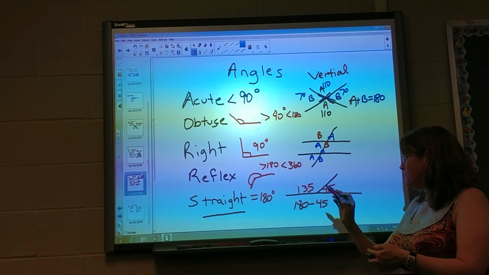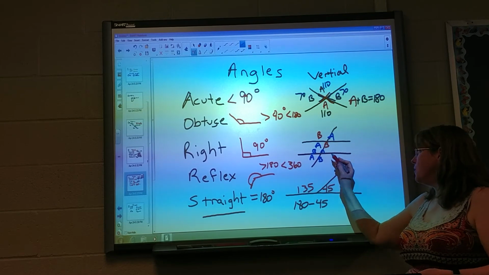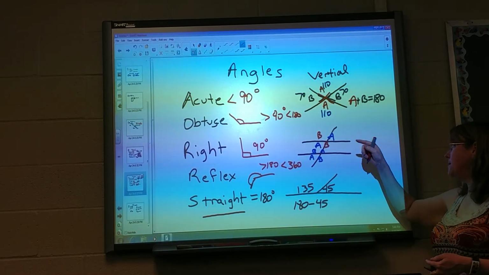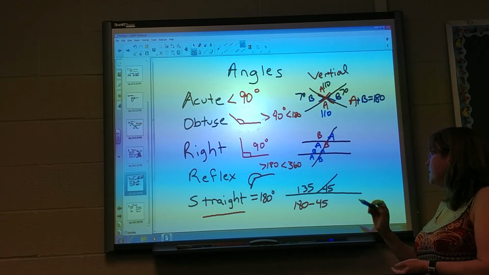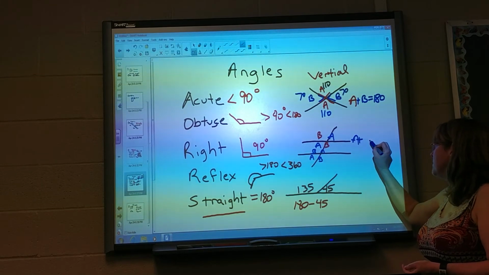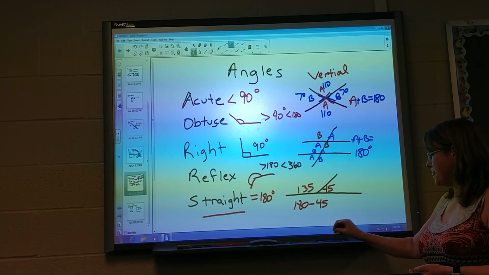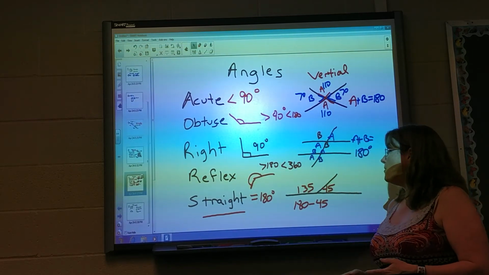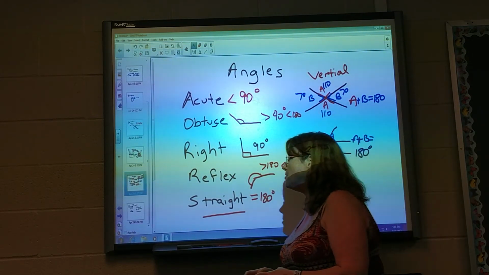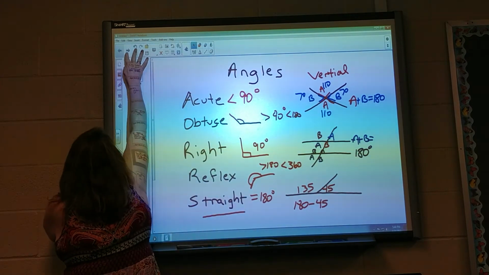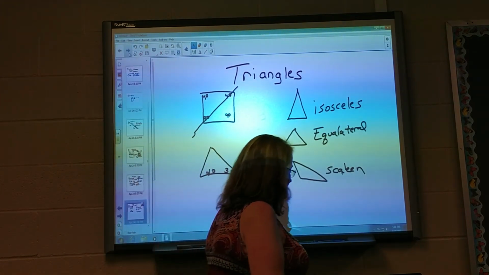So we have A and B, A and B, and A plus B is still equal to 180. So that's angles. Now I'm going to switch to another page and talk about triangles because they're sort of related.